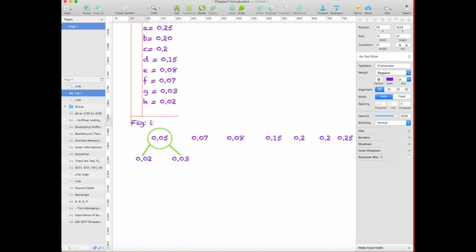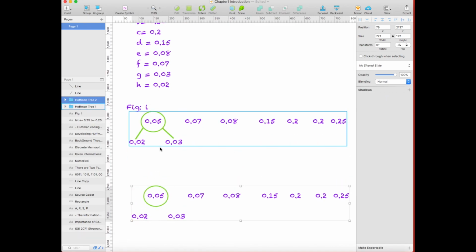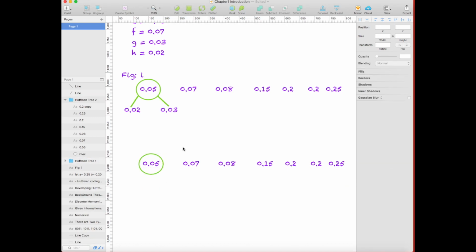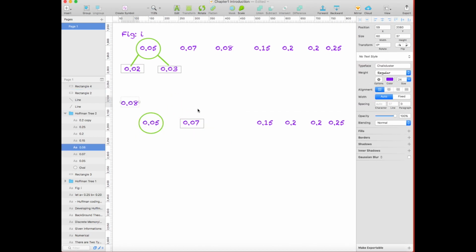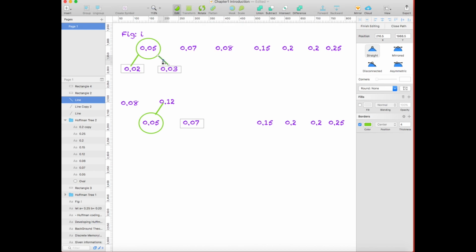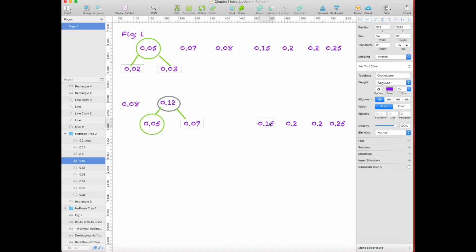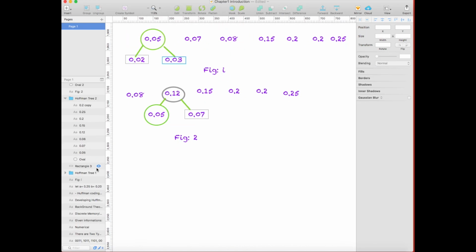So here we can see 0.02 and 0.03 add up to 0.05, and since 0.05 is smaller than 0.07, it is kept to the left of 0.07. Now again 0.07 and 0.05 are added together to form 0.12, and since 0.08 is smaller than 0.12, it is kept to the left of 0.12.